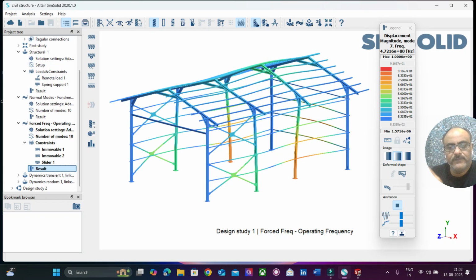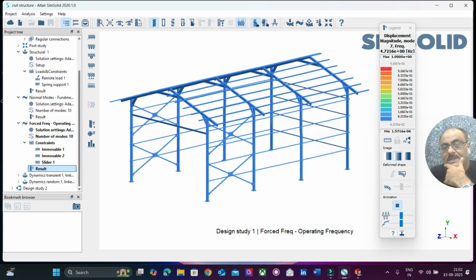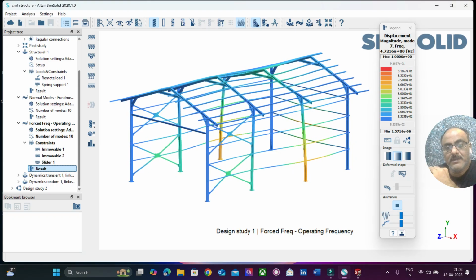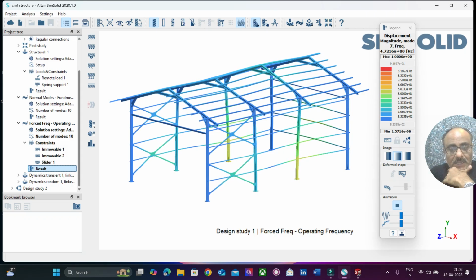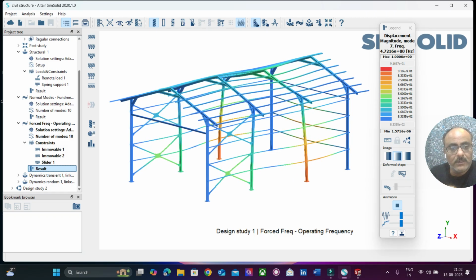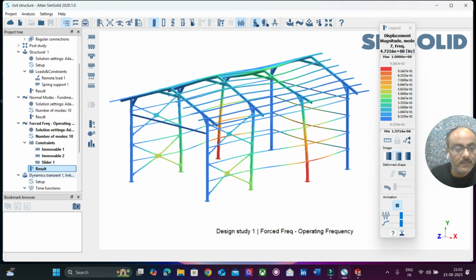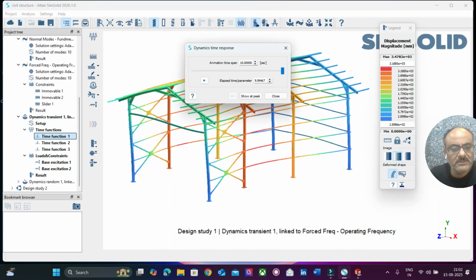Once we are done with the force frequency simulation, we will get into the transient simulation, a time dependent simulation. What will happen when a time-bound load is applied onto the structure? How is it going to matter for the stability of the structure? For that we perform a dynamic transient simulation where we give certain time functions.